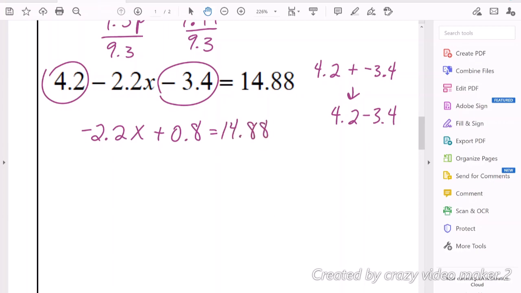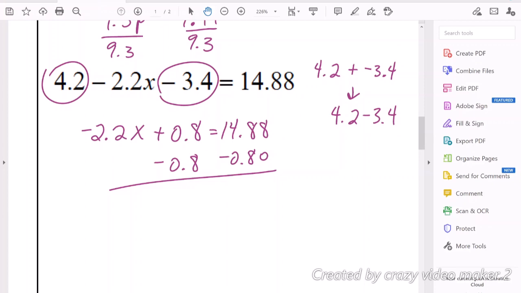Okay. Now we need to get this constant term over to the right hand side. So it's plus 0.8, so I'm going to subtract 0.8. I'm putting that 0 on the end over here so you can remember that the 8 from it has to go underneath the tenths place. Okay, and again, use the calculator.